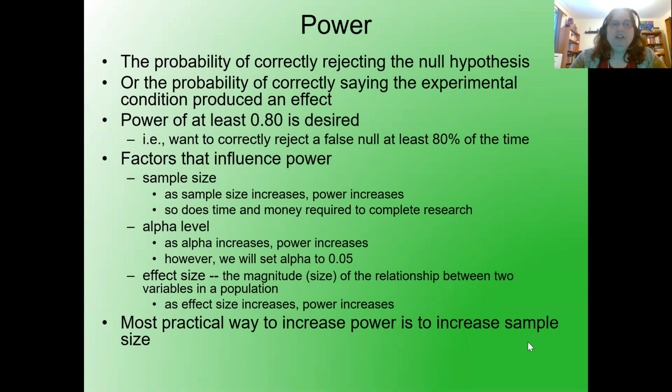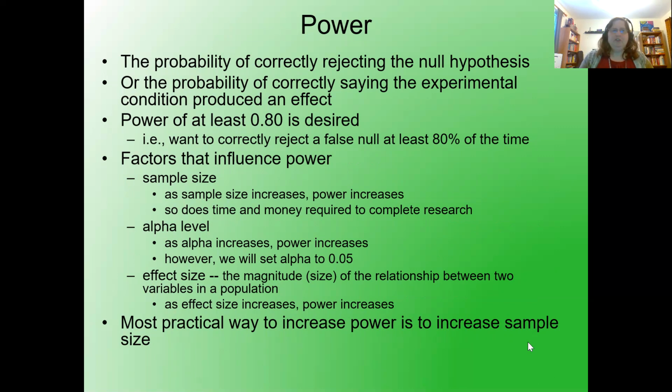Because we want to correctly reject a false null at least 80% of the time. In other words, if there is an effect out there that we are hoping to find, we want to find that effect at least 80% of the time. So how can we ensure that we have that kind of power? Well, the best way is to increase our sample size.